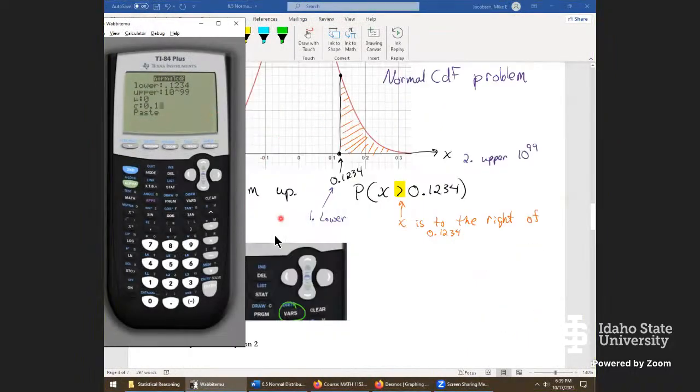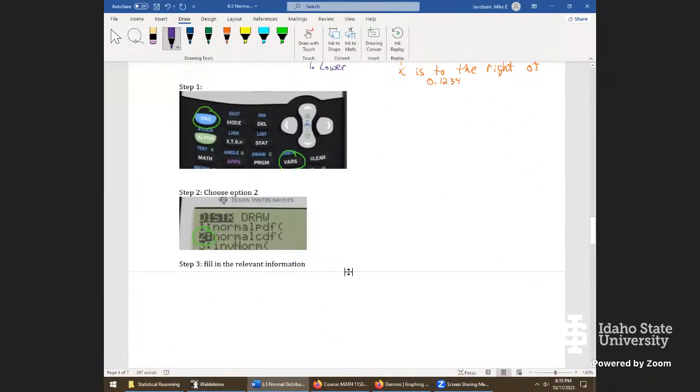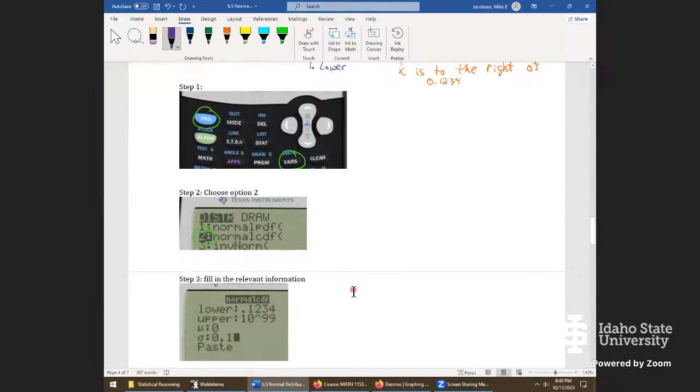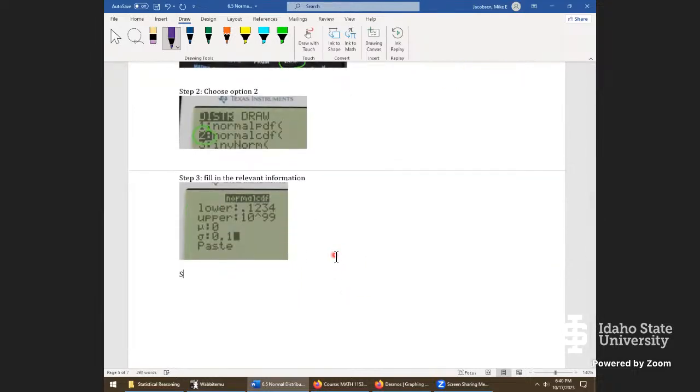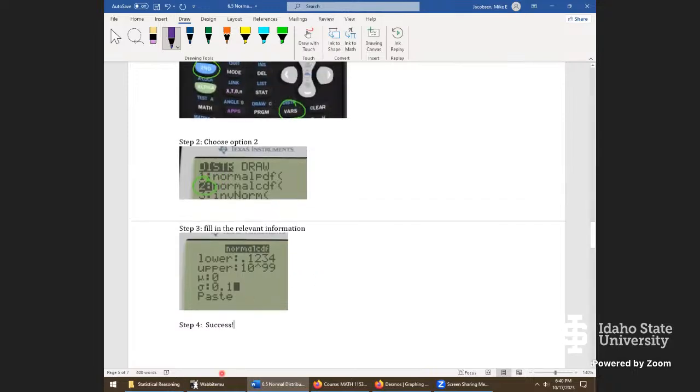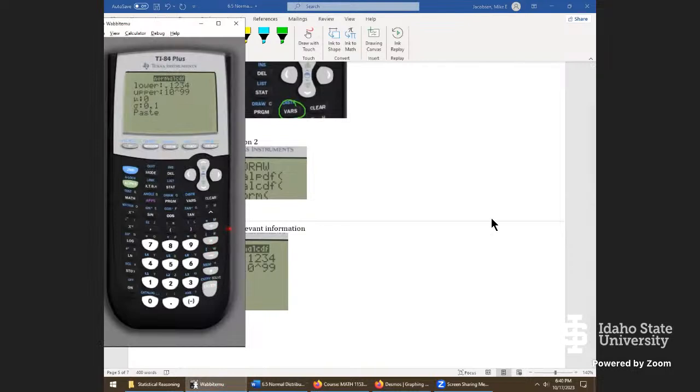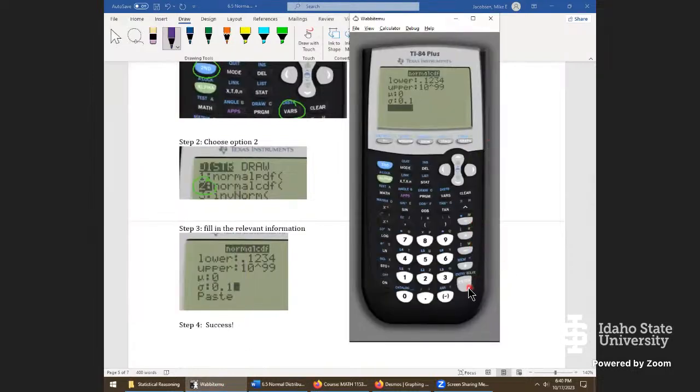This fills out step 4, so let's paste it right down here. Or if that's step 3, I'm confused on the steps. Here's where we're going to end up at, step 4. Let's call this success, because at this stage you've done it. You just have to grab that actual probability. So back to the calculator, hit enter.